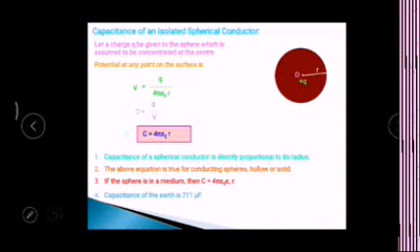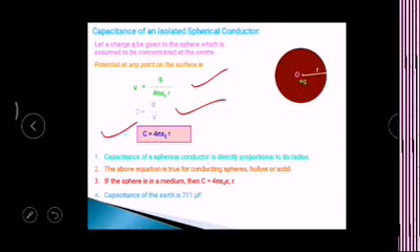Suppose we give a charge Q to a spherical conductor of radius R. By calculating the potential on the surface of this conductor, we can determine C using the formula Q upon V, where Q is the charge given and V is the potential attained, which is kQ by R. Putting this value of V in the formula of C, we get C equal to 4 pi epsilon 0 R, which shows that capacitance is directly proportional to the radius of the conductor, that is, to its size.